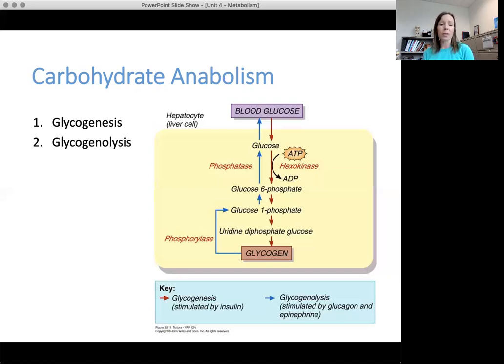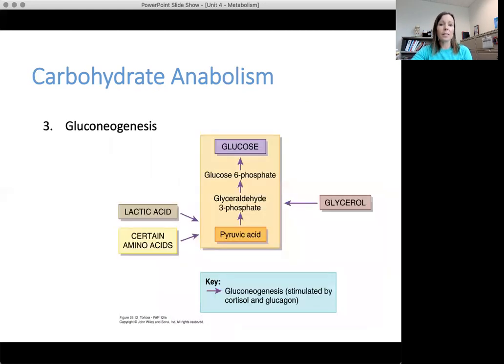And glycerol is one of the components of most lipids. Glycerol can be converted into glyceraldehyde 3-phosphate, which is a part of the process of glycolysis, and you can just convert that right into glucose. So using either one of those molecules, you can make glucose. All right, next is lipid metabolism.